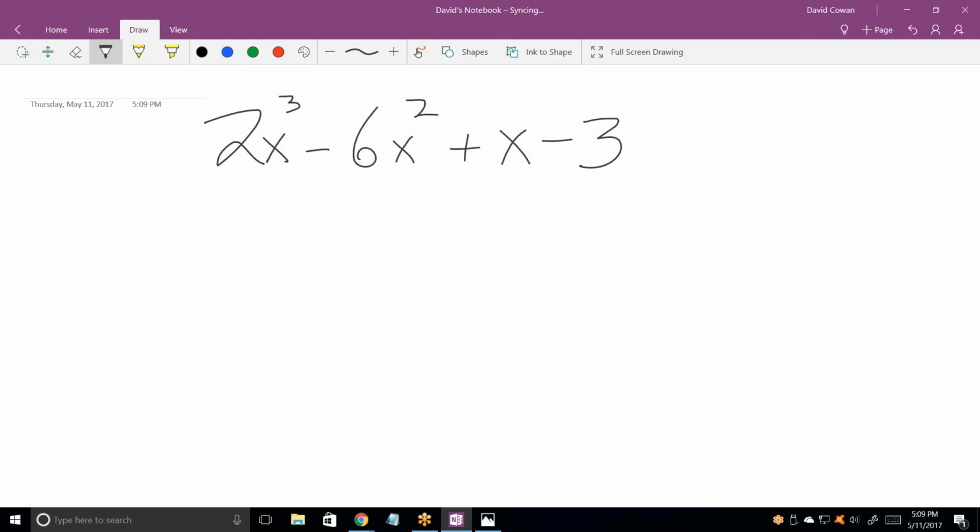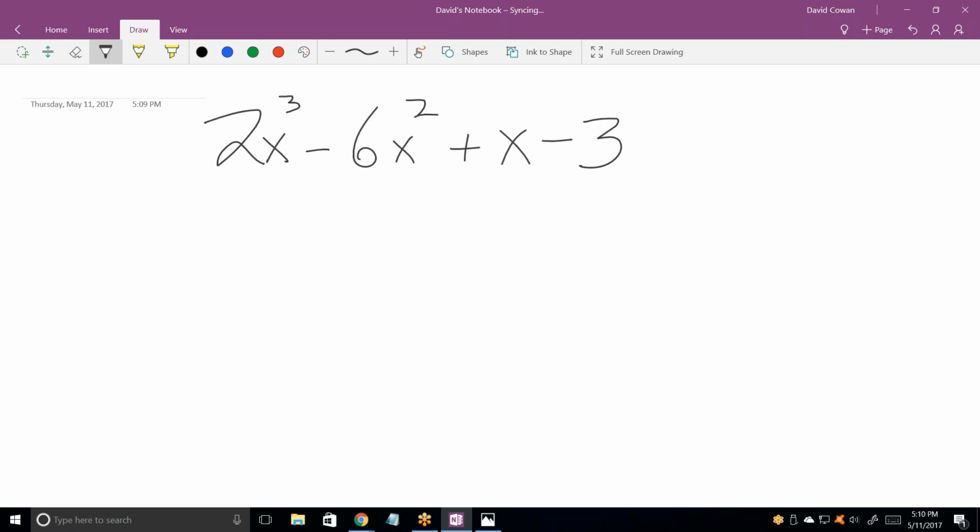Okay. This is a cubic equation. Those do not factor easily. They factor with extreme difficulty, except about 1% of the time. And 1% of the time is if it can be solved by grouping. And this one can.